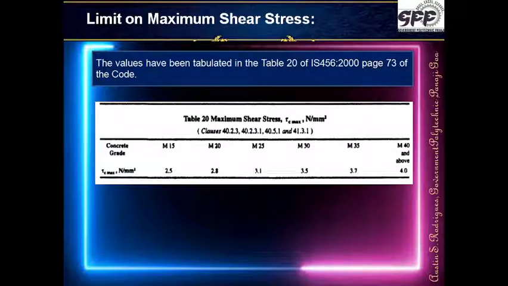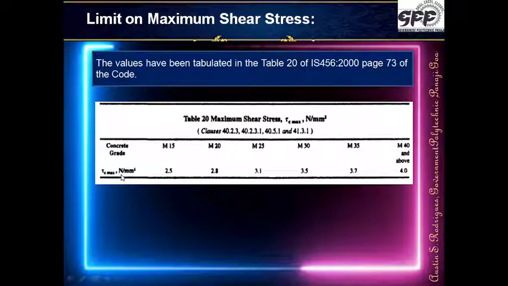But we have control over B and D. By increasing B or increasing D or increasing both of them, the denominator is increased, the value of tau v would be reduced, and we can safely reach the value where tau v does not exceed tau c max.